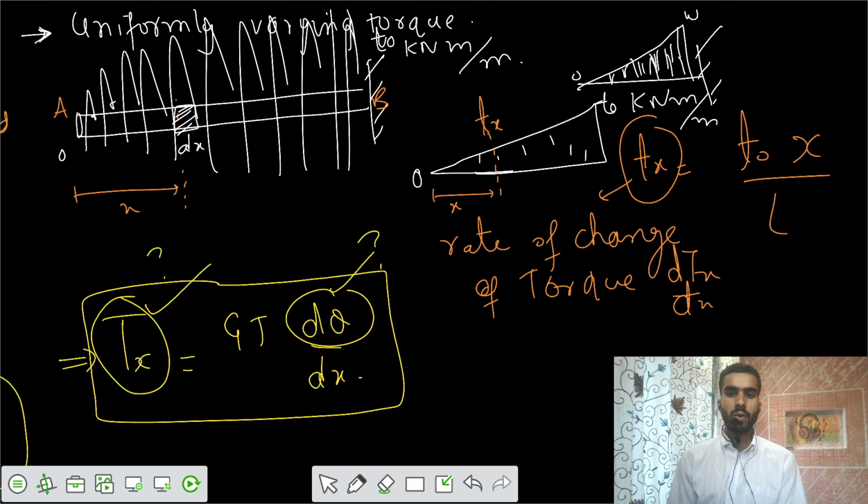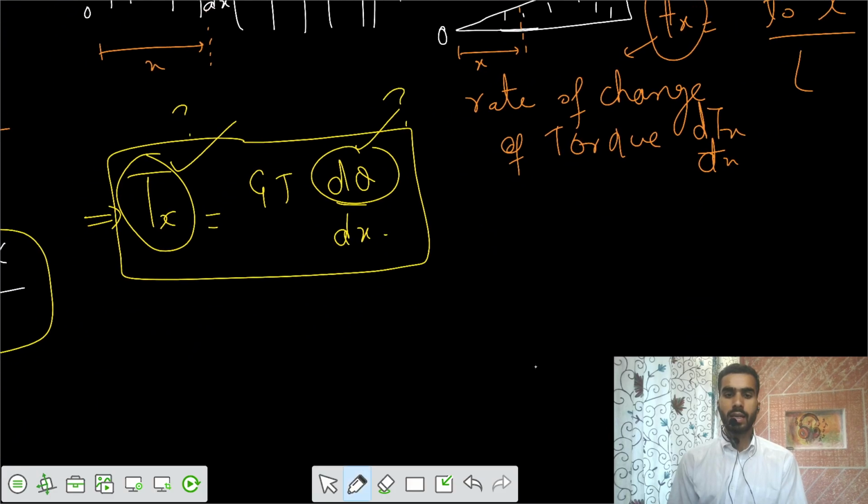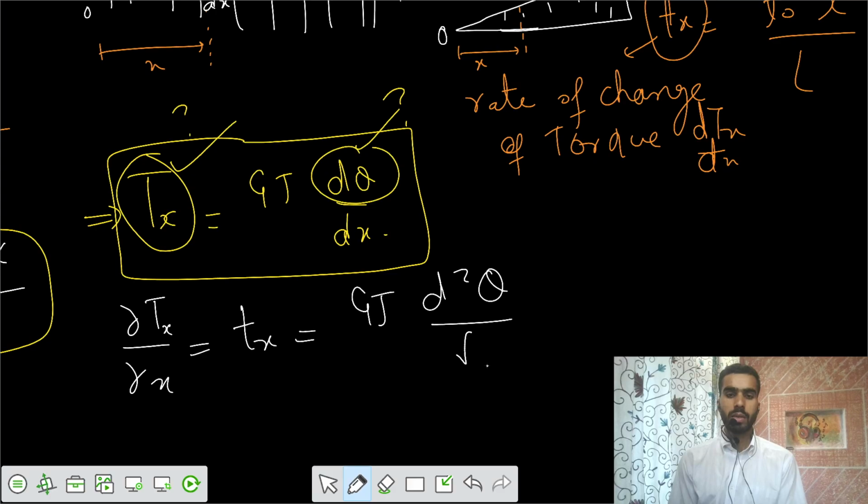But I know the torque intensity, small tx. So dTx by dx is Tx, and that equals GJ d2 theta by dx2.